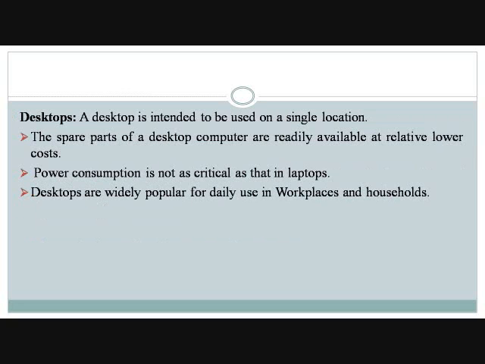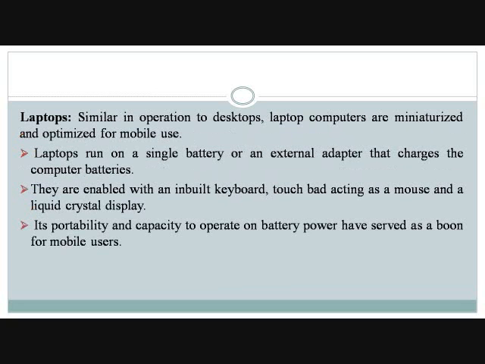Desktops. A desktop is intended to be used in a single location. The spare parts of a desktop computer are readily available at relatively lower costs. Power consumption is not as critical as in laptops. Desktops are widely popular for daily use in workplaces and households. Laptops. Similar in operation to desktops, laptop computers are miniaturized and optimized for mobile use.